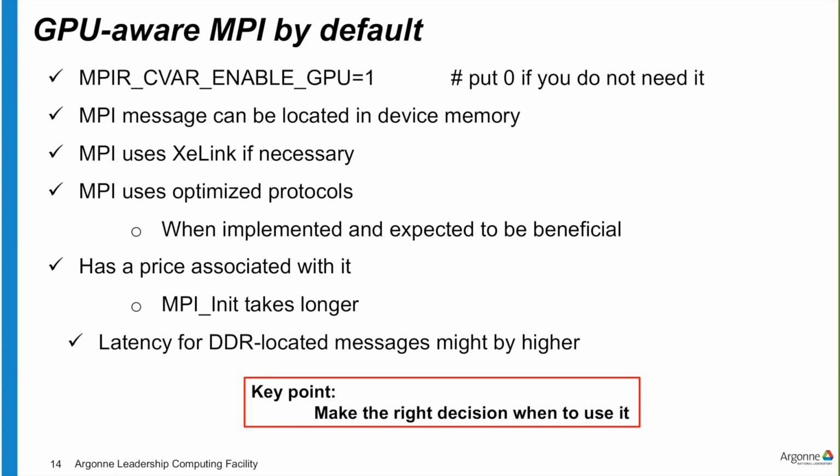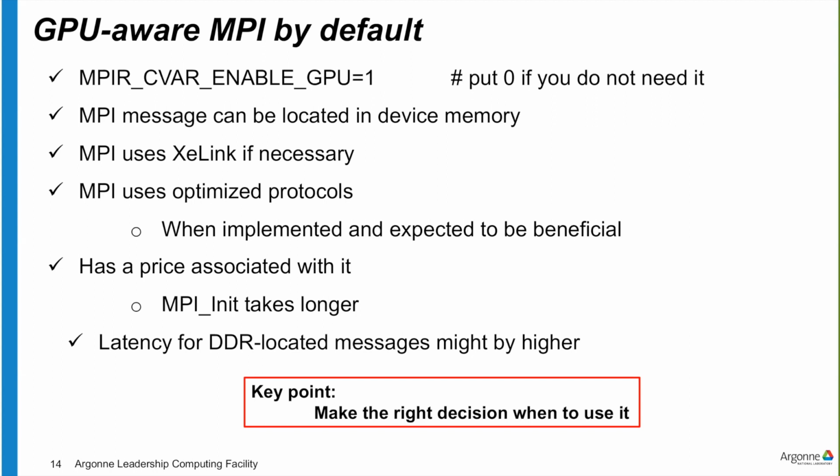For example, if you collect statistics or you do some training of your machine learning model. So keep in mind that if you do not use GPU-aware features of MPI, then you can significantly improve performance of your application by reducing the MPI init overhead and removing the requirement for GPU awareness with a control variable.